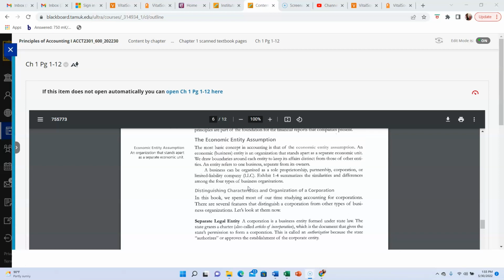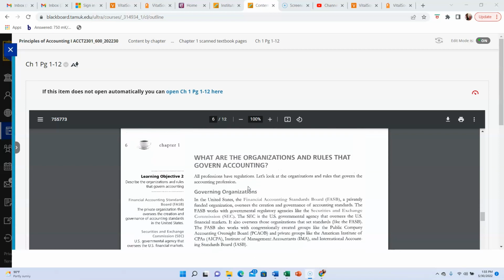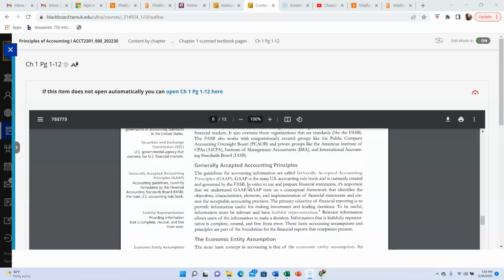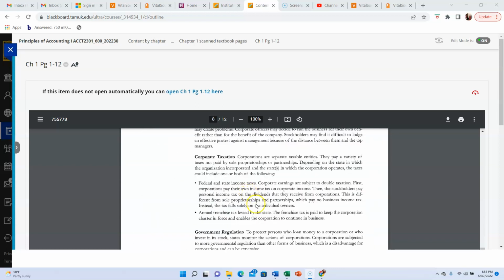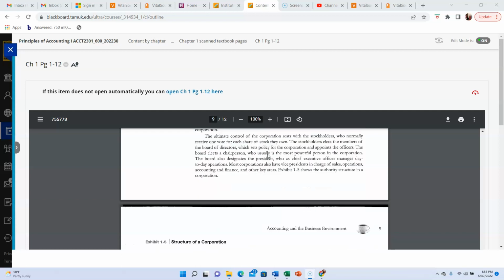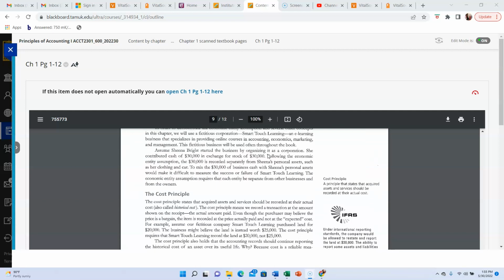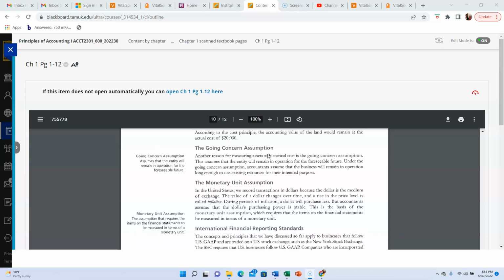They actually start on page 6. The one we were specifically looking for was the dollar, and that's the monetary unit assumption.